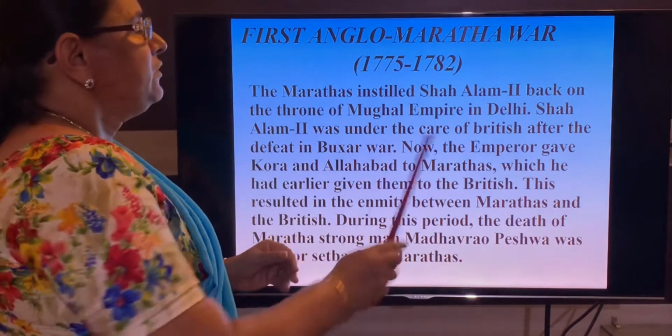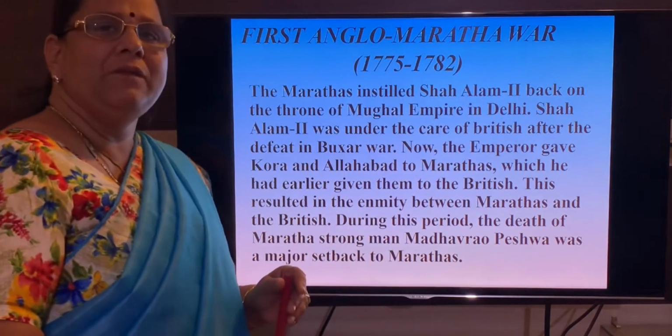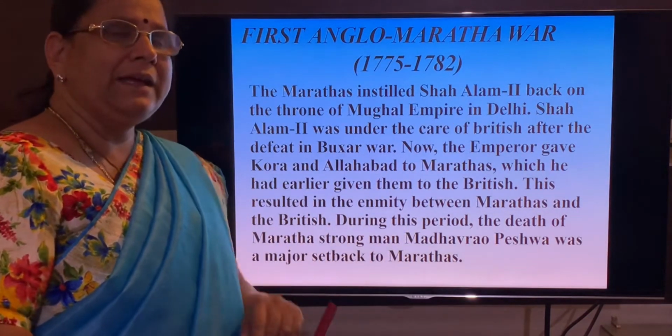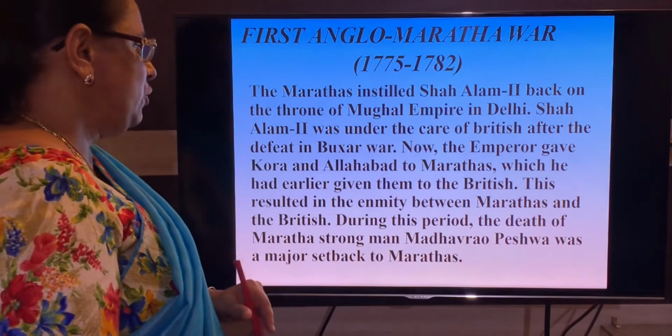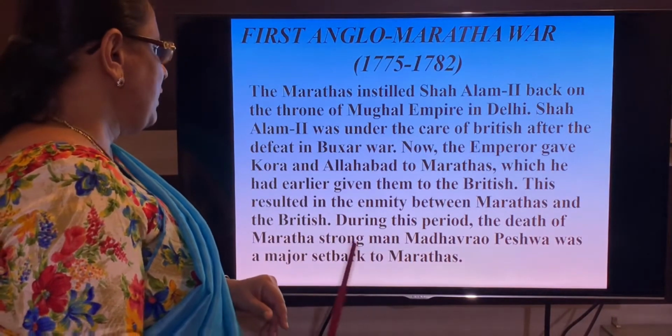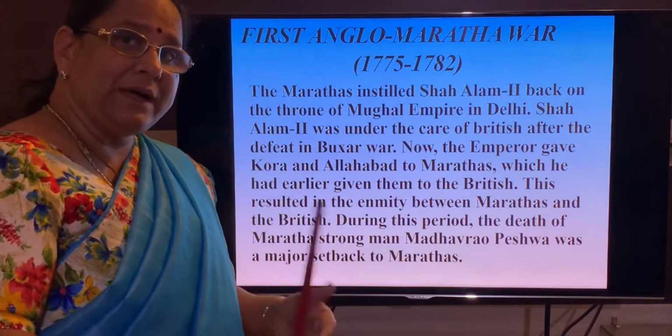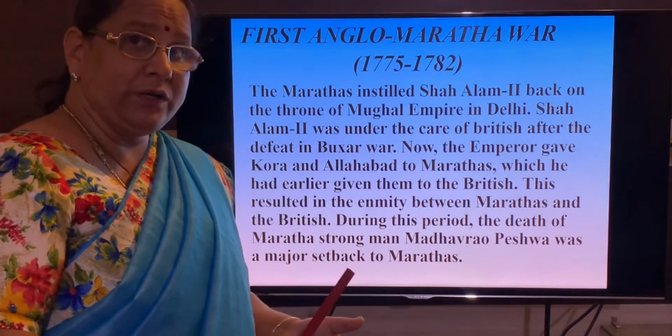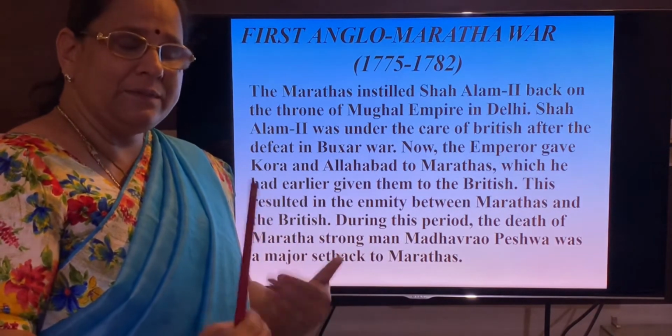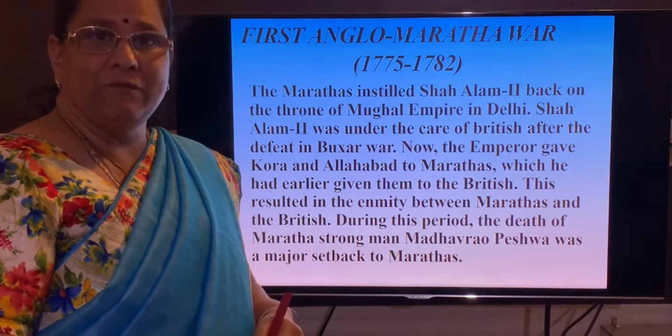After this, Shah Alam was very happy with the Maratha ruler and he gave them two places, and those two places were Kora and Allahabad. These are the two places which he gave to the Maratha ruler because they supported him and helped him to capture Delhi once again.